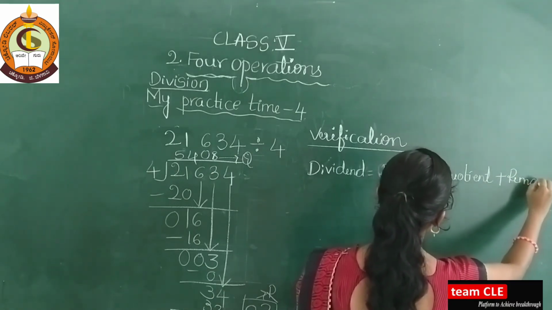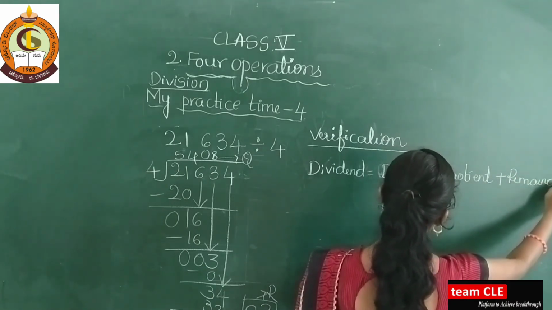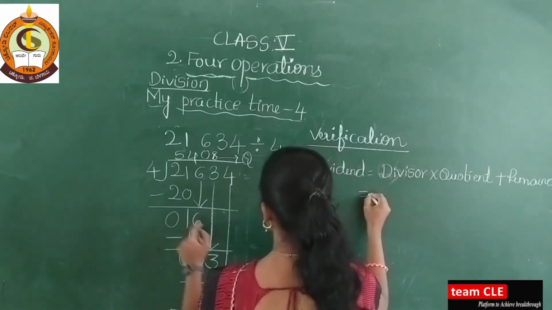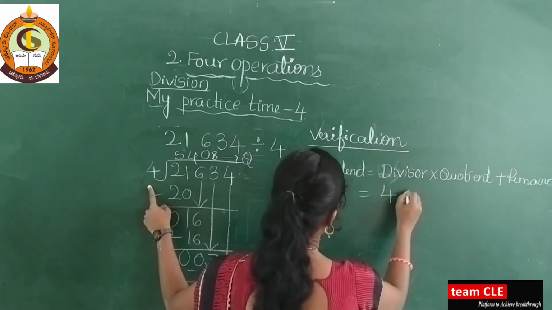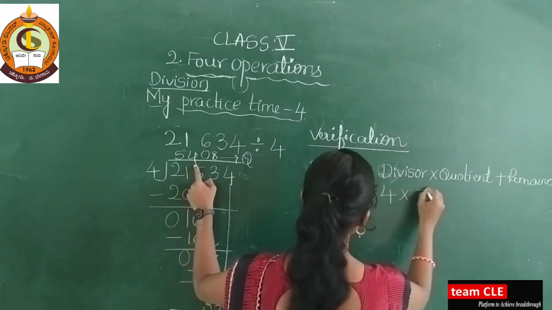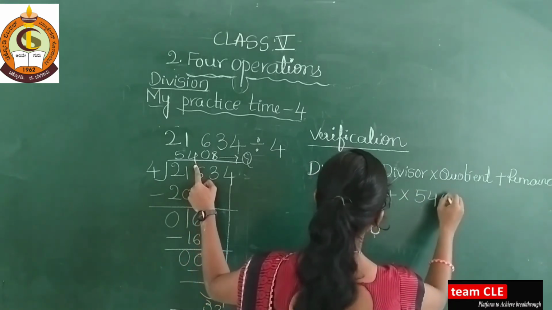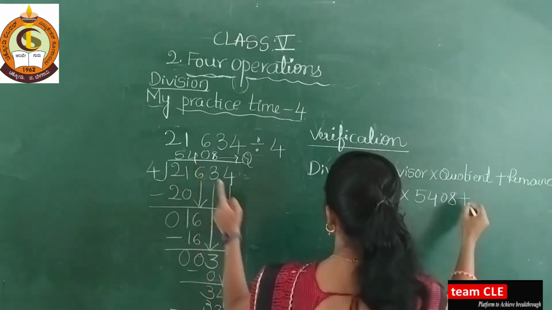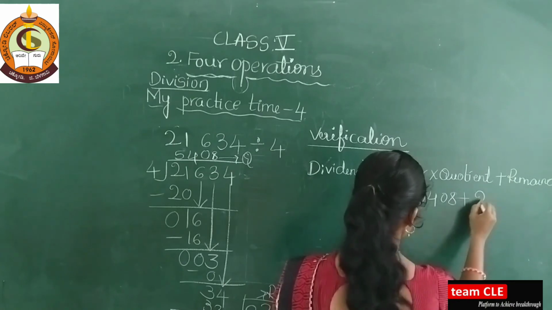If you write only R, that is also correct. Then what is there here? Divisor 4. What is there here? Quotient 5408 plus remainder is 2.